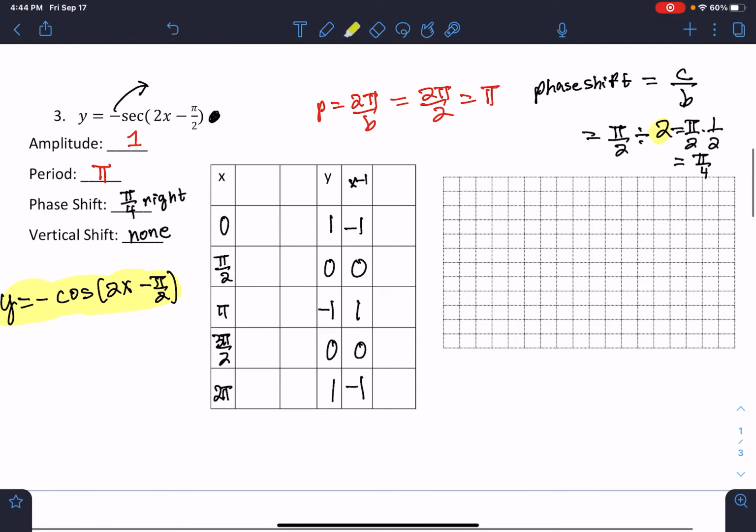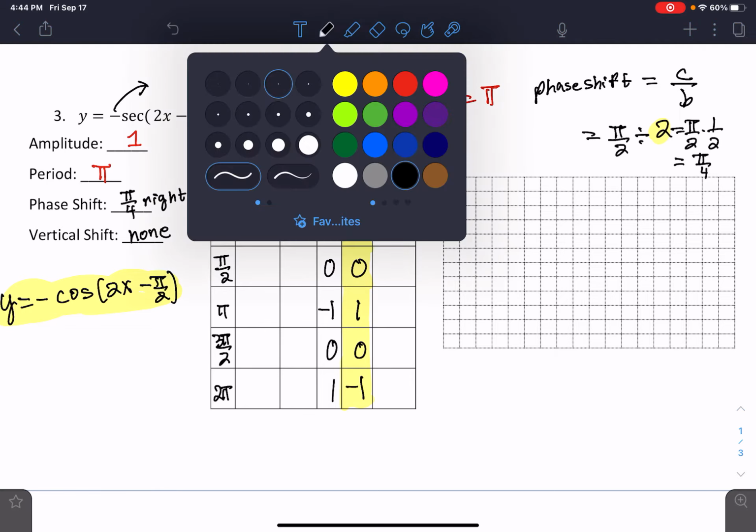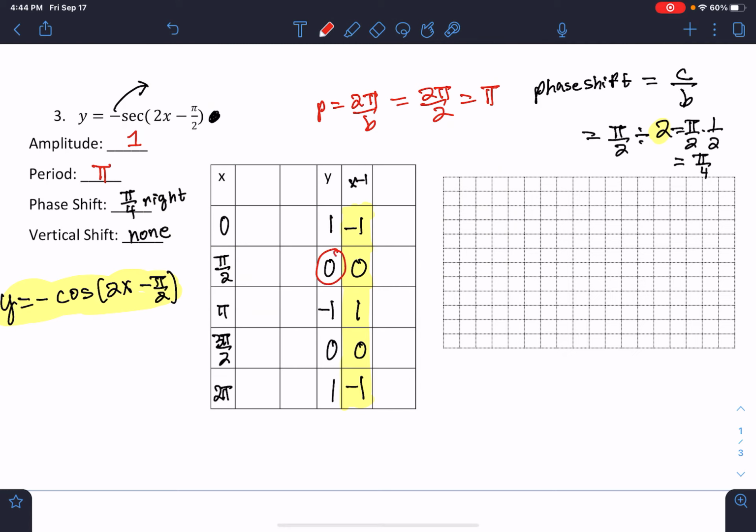And hopefully that makes sense because in order to flip, all our y values have to change. Also, I'm going to circle these 2 points, because these 2 points are where our asymptotes happen. So the cool thing about the asymptotes is the fact that you can recognize them at the beginning of the problem. So whenever your y values are 0, that is where you're going to have your asymptotes. So just keep that in mind as we go.